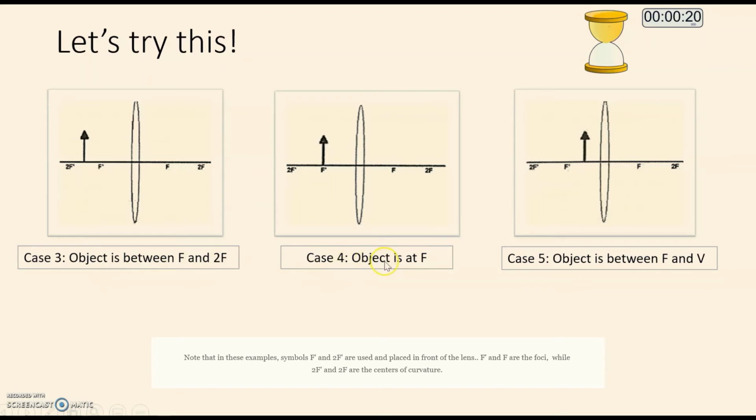Case 4 here, object is at F. And case 5, object is between F and V. Now different locations for the object placed in front of the convex lens. So you try to construct your ray diagram for these cases. Do this on your paper, and I'll give you 20 seconds to do this. And timer will start now.